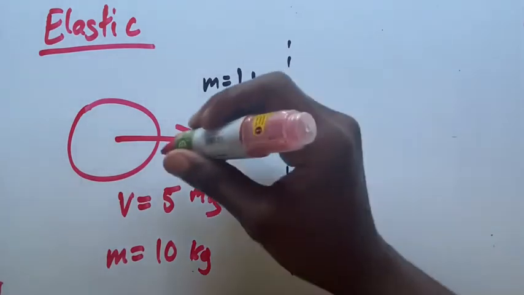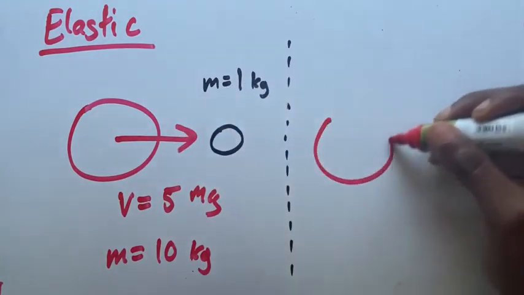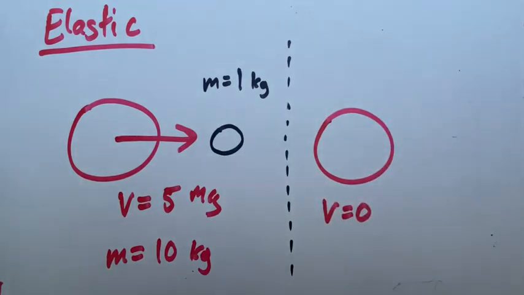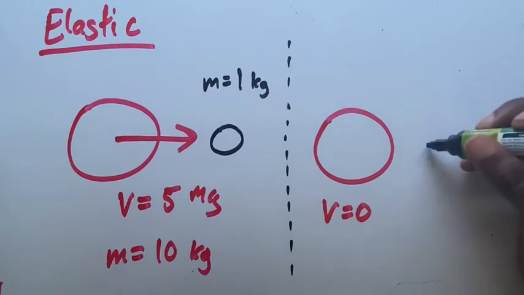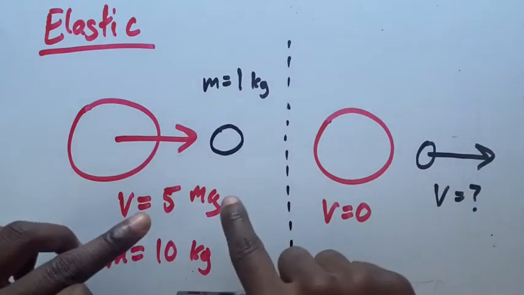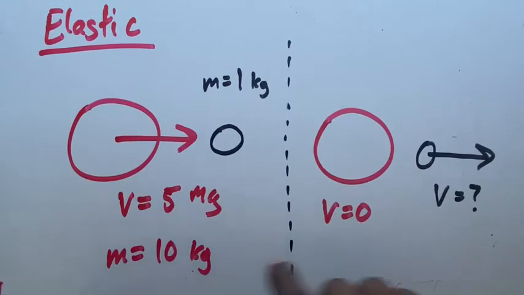So now we know after they collide, this big ball has a velocity of 0. And now the smaller ball has some velocity. And because we know the momentum is conserved, we can actually solve for what that final velocity is for that smaller ball.